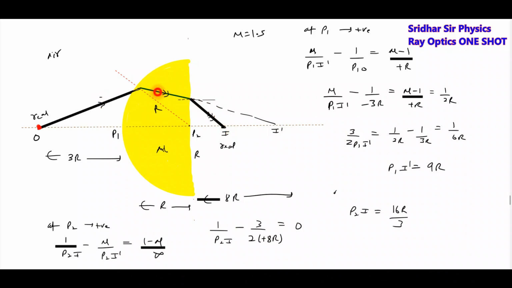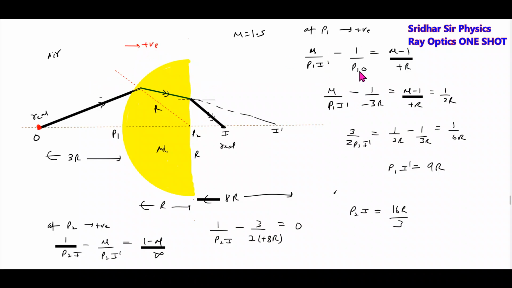Then the formula: mu, refractive index of the medium where the refracted ray is present, divided by P1I dash, minus the refractive index of the medium where the incident ray is present, in air 1, divided by object distance P1O, equals mu minus 1 by R. What is the radius of curvature of this? It will be positive because we measure in the direction of the incident ray. Distances measured in the direction of the incident ray will be positive.